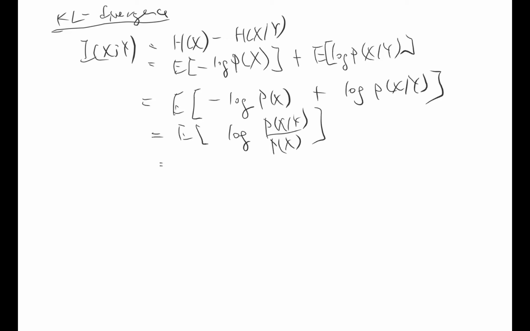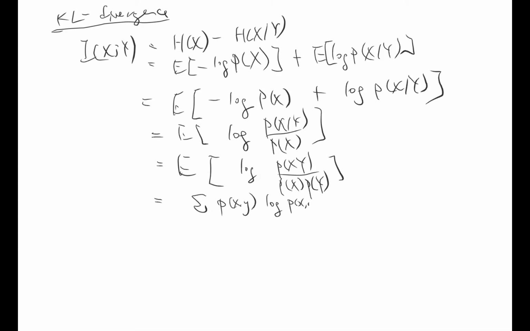And this will give me p(x,y) over p(x)p(y). We saw that before, I'm just repeating some of this. The probability form is the sum over x,y of p(x,y) log of p(x,y) over p(x)p(y).